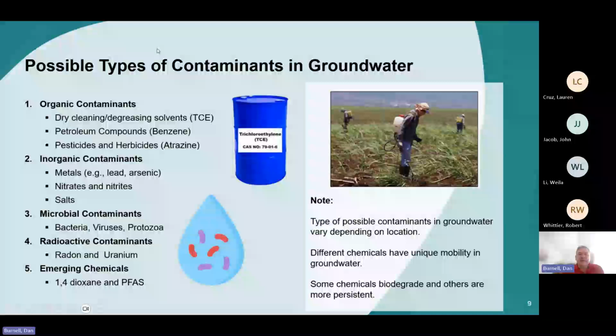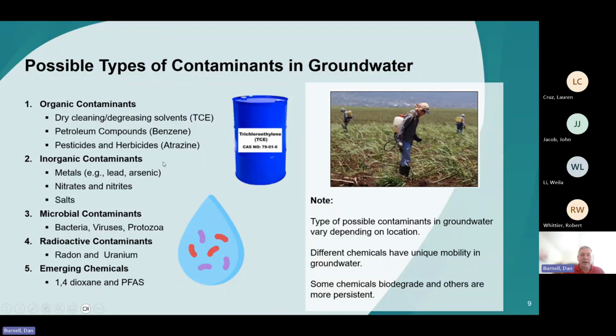And so let's look next at some possible types of contaminants in groundwater, and there are many types. The first type that typically we've seen are organic contaminants. These can be dry cleaning solvents like trichloroethene. They can be petroleum compounds like from gasoline, like benzene, or they can be from pesticides or herbicides like atrazine.